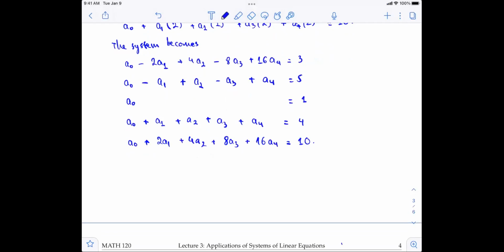All right. So now I'm going to input the augmented matrix of this particular system into Python, so I don't have to do any calculations by hand, because the system of 5 unknowns in 5 equations is a little bit hectic and difficult to do.